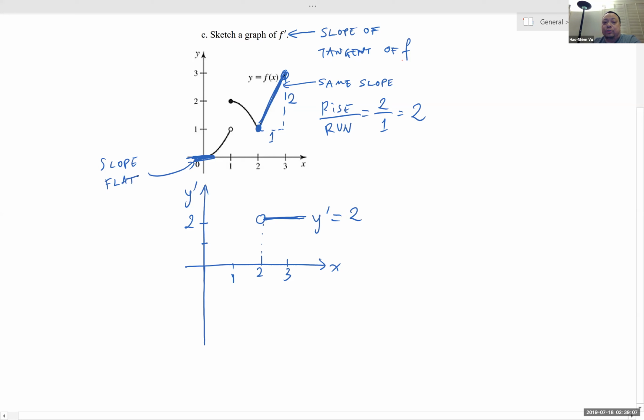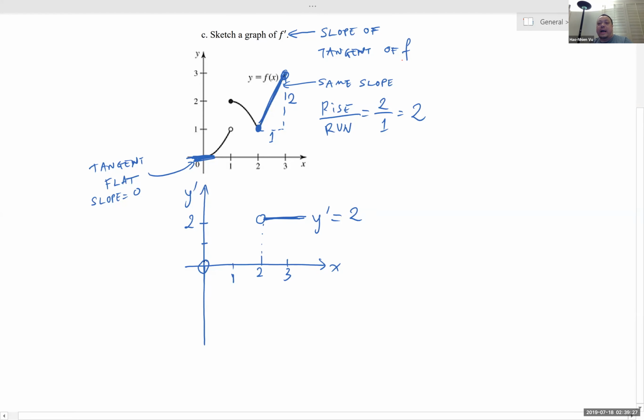The tangent line looks flat, so the slope is equal to 0. So on my graph, I'm going to draw f prime, or y prime, equals 0.